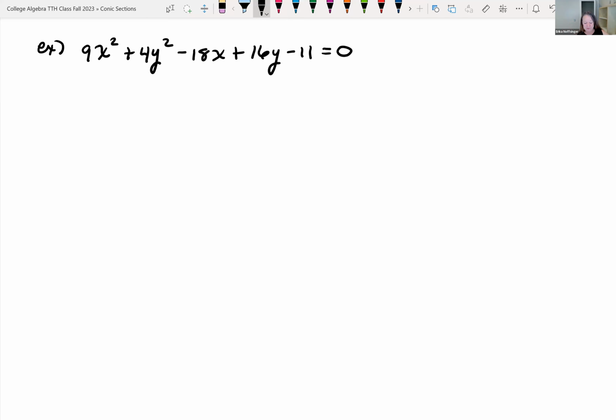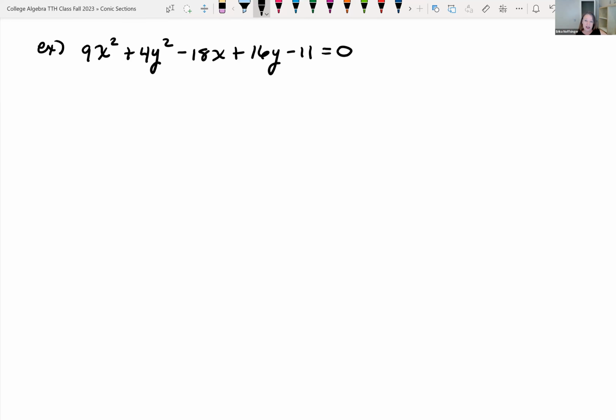So the equation in front of us is 9x squared plus 4y squared minus 18x plus 16y plus 11 equals 0. We want to put this in the form that we can tell what the center is, and then we can locate where the vertices on the major and minor axis are, and then we can graph this. We need a perfect square for our x terms, and we need a perfect square for our y terms.